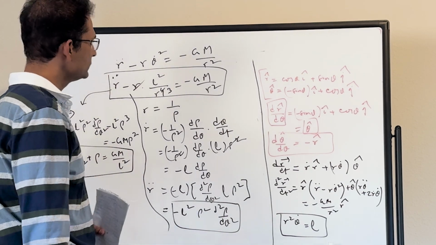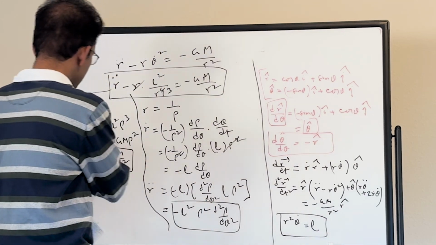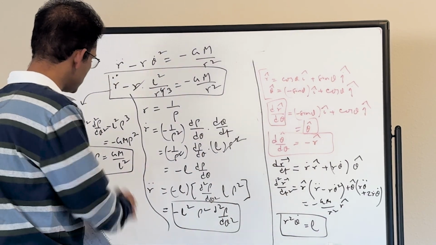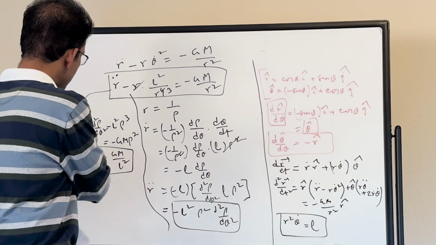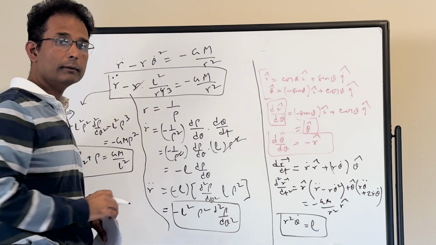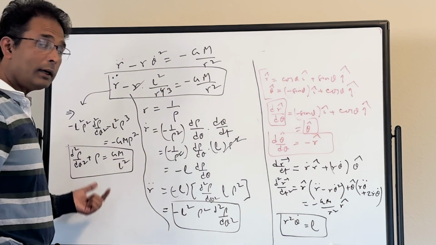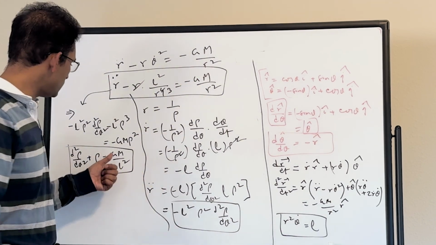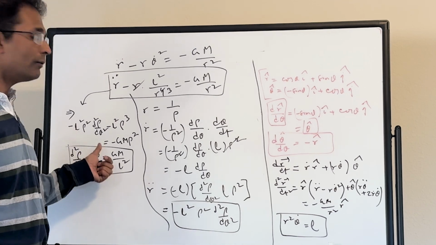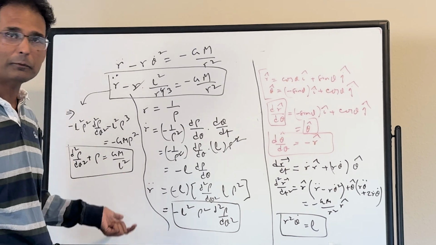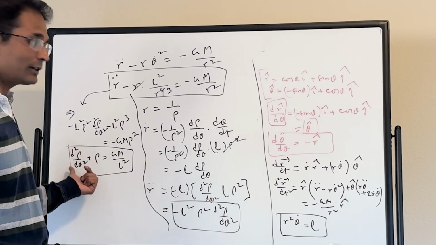All right, so let's erase everything, except for keeping this equation, because this is what we're trying to solve, and this is way simpler than solving the earlier one. Why? Before I erase it, let me tell you why. This is the equation of a harmonic oscillator, really. You know the solution of this equation.